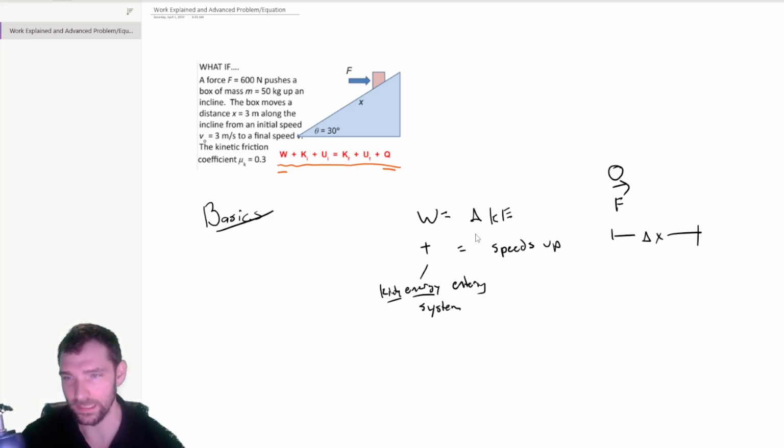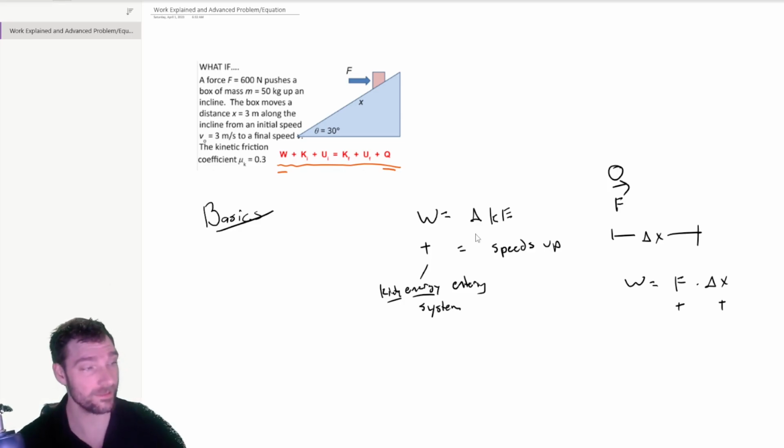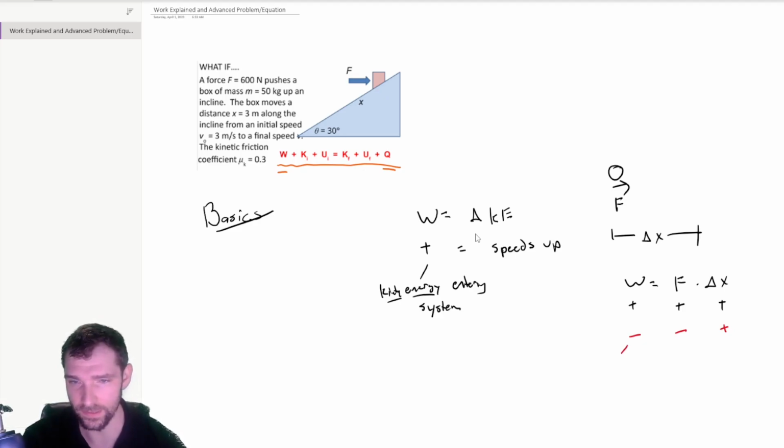And so you could actually get the work by doing force times distance. If you have a positive force over a positive distance, that will cause it to speed up, right? And vice versa, if you had a negative force over a positive distance, it's going to cause things to slow down, losing your kinetic energy.